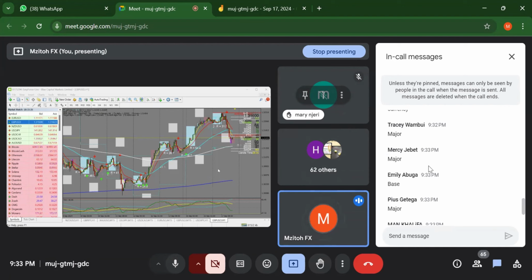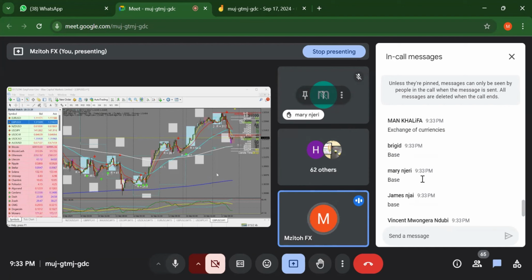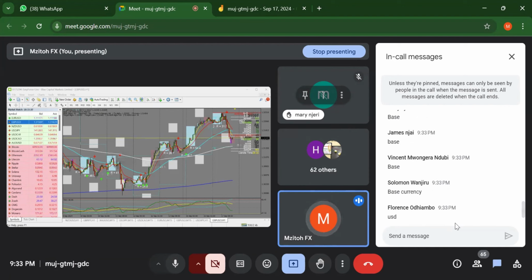We have said we have base currency, and the second one is called the quote currency. So the first one in the pair is called base currency. The second one in the pair is called the quote currency. Correct. Then we said between the two, between base and quote, which one is stronger?